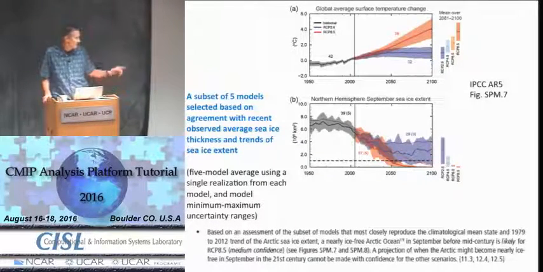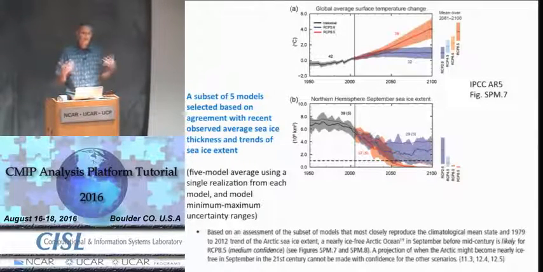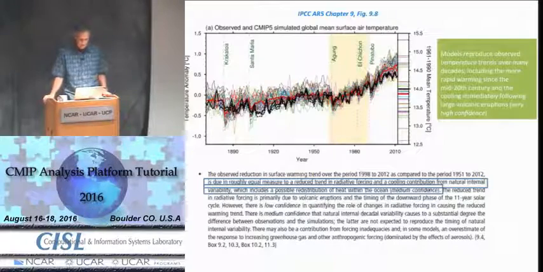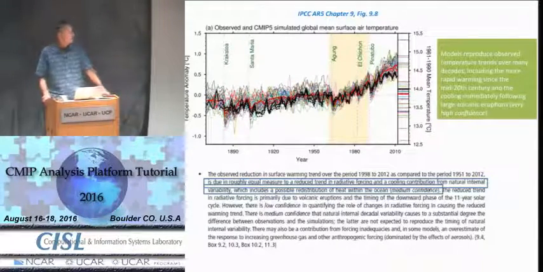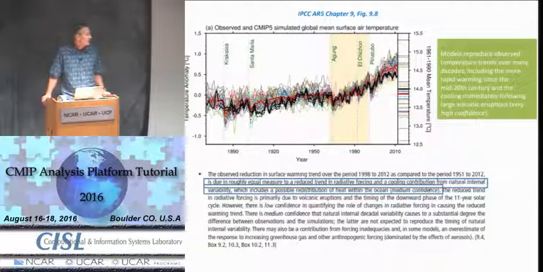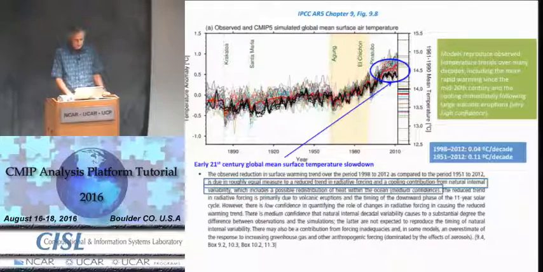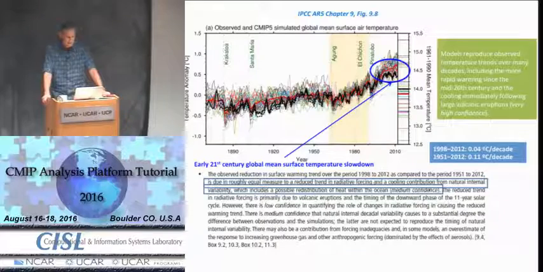Medium confidence. So there's an example of subsetting based on a physical reason for subsetting and selecting a subset of those models. But when you actually plot out all the individual model ensemble members, you get these kind of spaghetti plots. And this is an example from chapter 9.